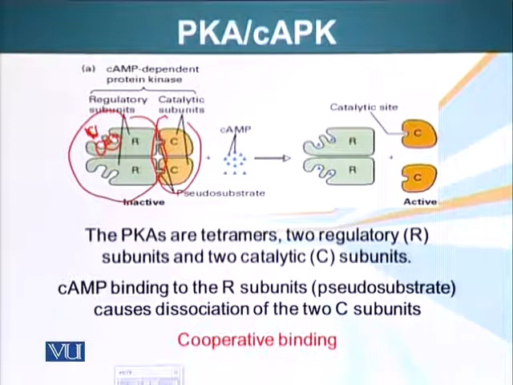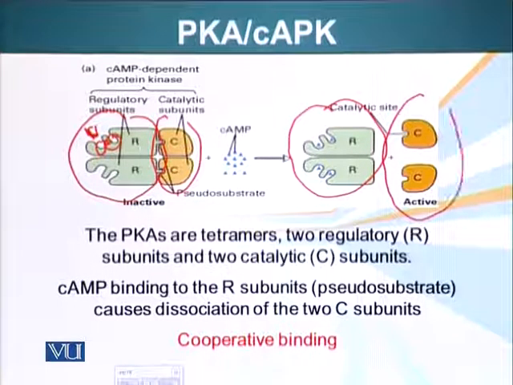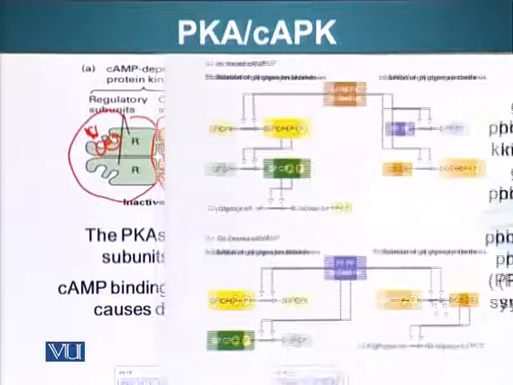And when that happens, the regulatory subunits, once they have bound 2 cyclic AMP molecules, will detach from the catalytic domains, the catalytic subunits. Now the catalytic subunits of PKA are active. They can go out and do business.